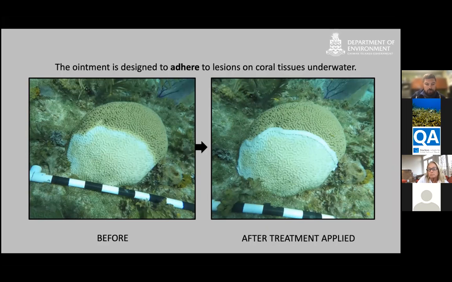As you see in the picture on the left here, this is a coral infected with SCTLD, and you can easily see the boundary line between the diseased tissue and the healthy tissue just on the other side. We basically just put that on the boundary with the syringe, which we'll talk about in a few slides.